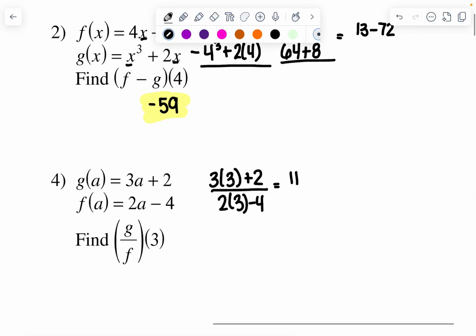And you should get 11 over 2 times 3 is 6 minus 4. So 11 divided by 2. And you should get 5.5. So you could leave it as 11 over 2 or 5.5, either or.